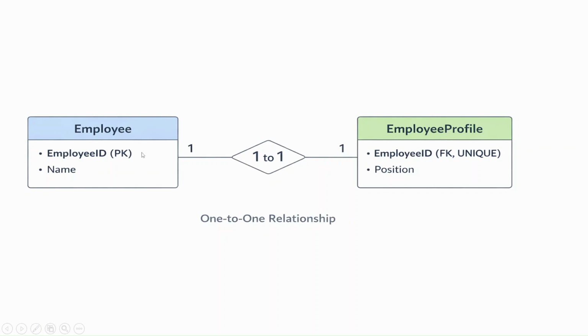So this employee ID is shared with the employee profile table. If the employee ID for Harry is one, the profile ID will be one, right? Because it is shared. So this is a one to one relationship.